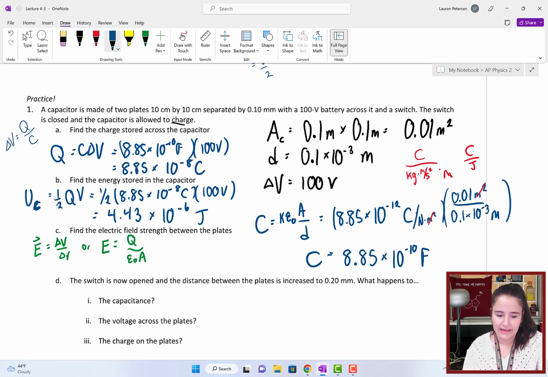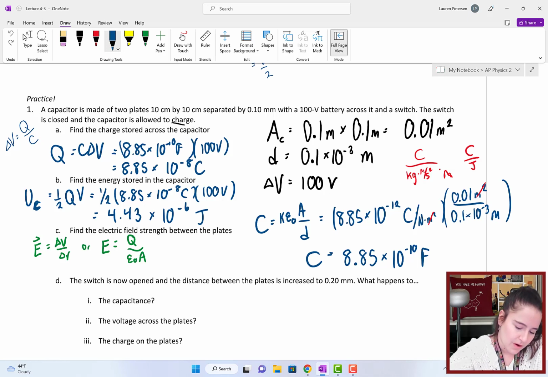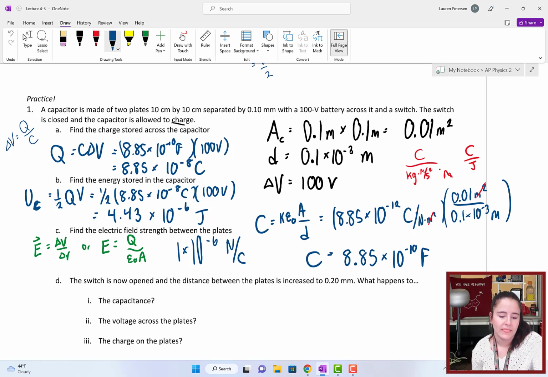Okay, so plugging in either 100 divided by the separation distance, or by plugging in Q, the charge, over epsilon naught, which is this constant, times the area. Both of those calculations will get you 1 times 10 to the negative 6 newtons per coulomb.